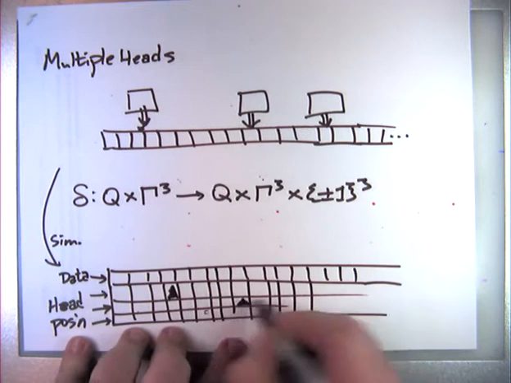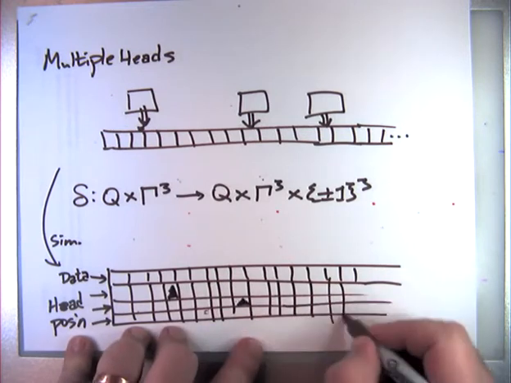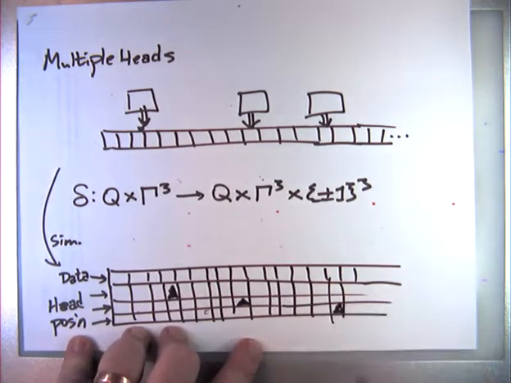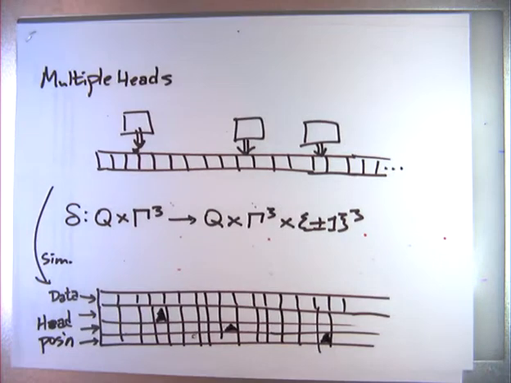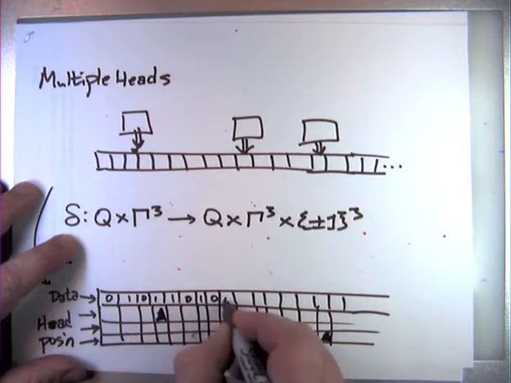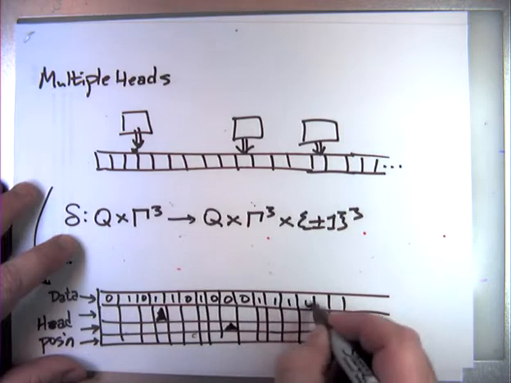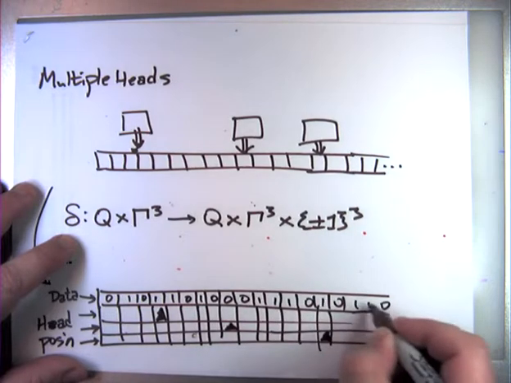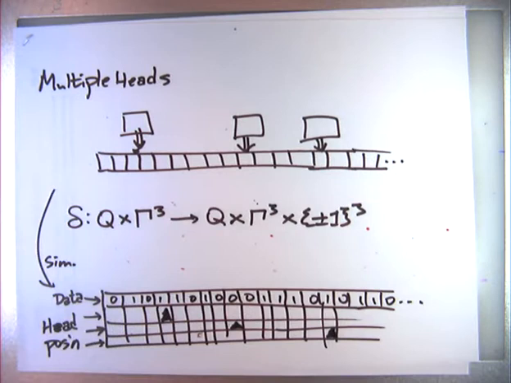Head 2, another up arrow, and then head 3, another up arrow. Now, the actual data, the zeros and ones that might have been on the original tape, I'm going to put here. Now, my actual Turing machine has only 1 head.